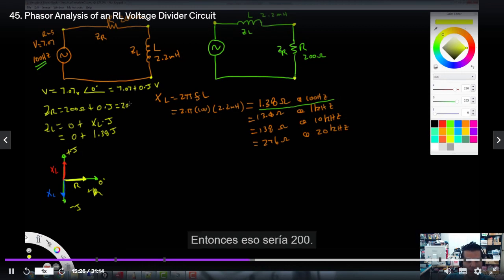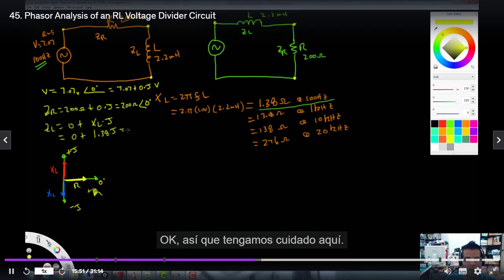So that would be 200, and we can put ohm here. And the angle is just 0 degrees. This is right on the real axis. It's only got a real part, so that's what it would be. And then now the impedance for the inductor, it has no real part, it's purely imaginary, and it's in the positive J.